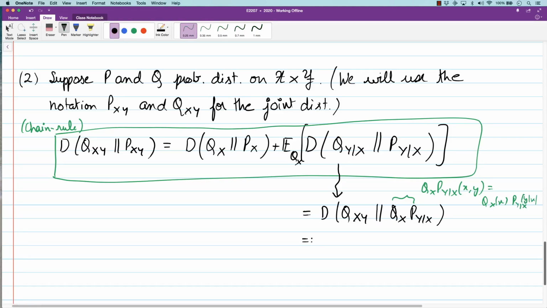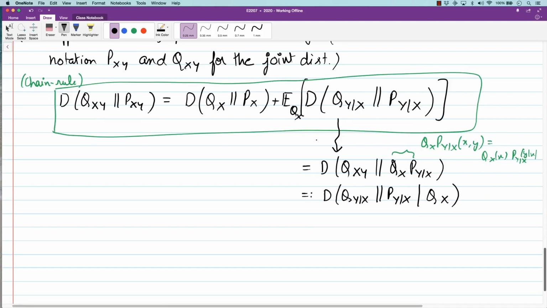This is equal to this, and it has another notation. It is denoted by conditional divergence, D(Q_{Y|X}||P_{Y|X}|Q_X), conditioned on this averaging measure Q_X. These are all the same things, and this notation denotes these guys. That's what we will show.